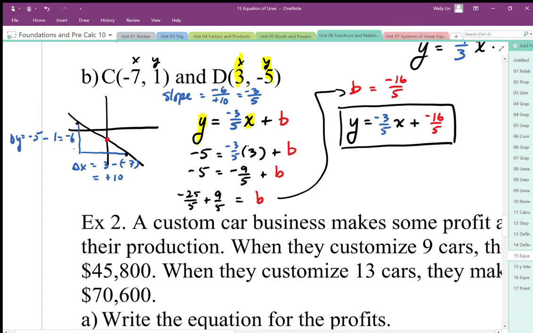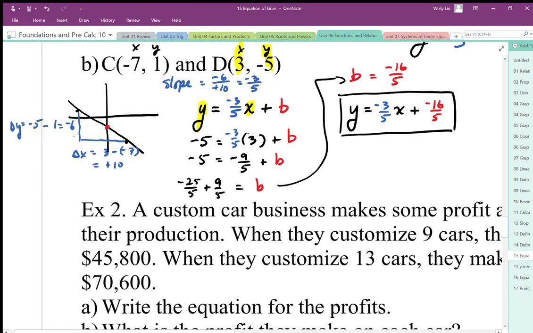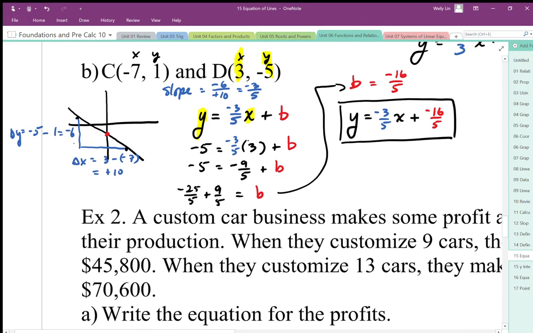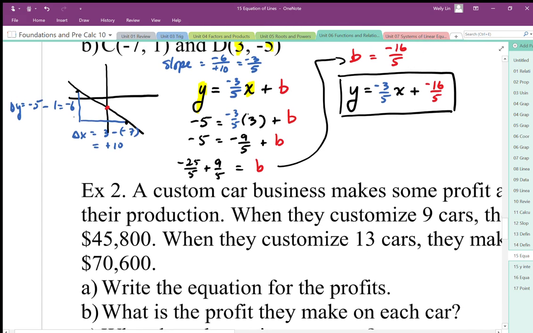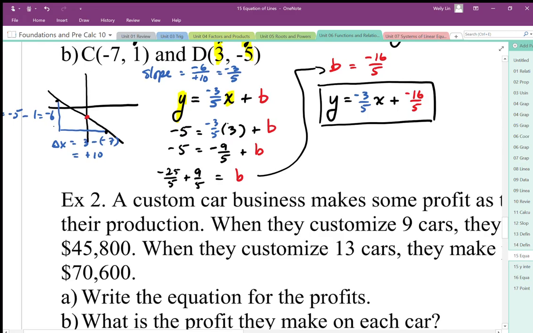There's my y equals mx plus b equation. I know my equation now because I can calculate slope given those two points, and I can calculate the y-intercept by plugging in the coordinates. There are other ways to find the y-intercept, but this is one of them.